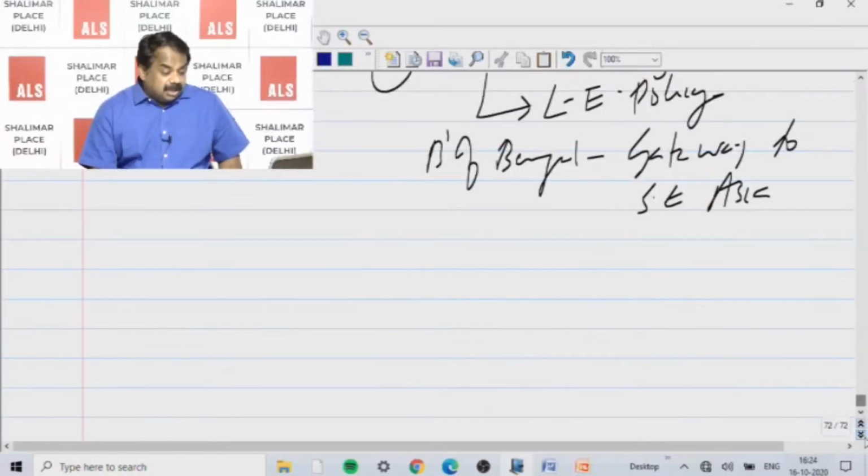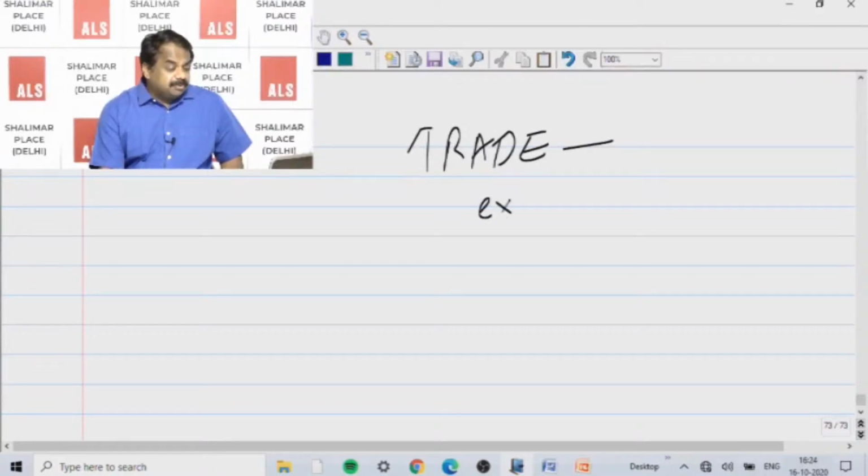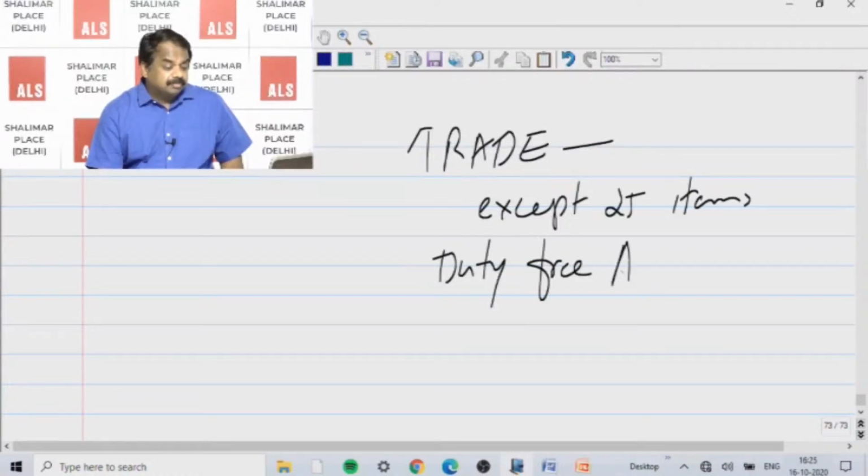Now, as far as trade is concerned, of course, there is a trade imbalance, but still, except for 25 items, we have given duty-free access to Bangladeshi goods to India.